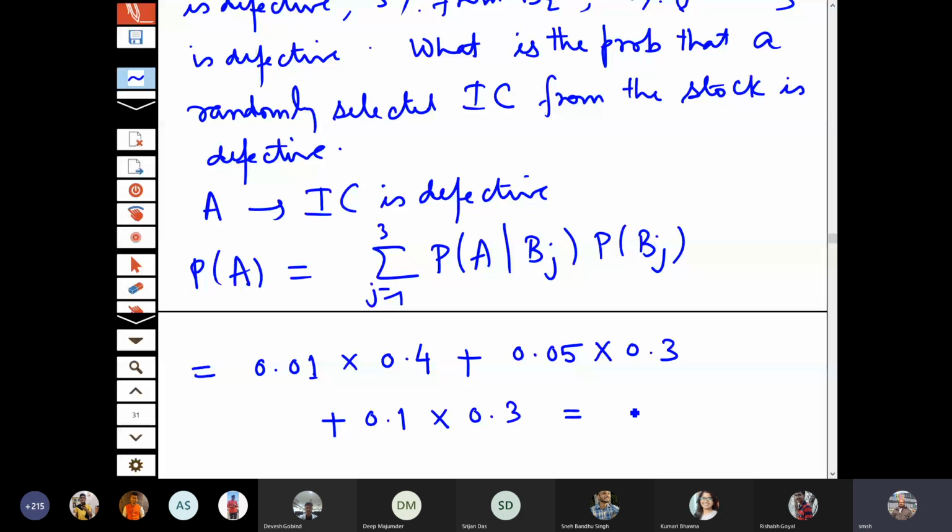So this is nothing but 0.049. So there is about a 5% probability that an IC will be defective. You can see the different things are there, 1%, 5%, 10%, but depending upon the total procurement from different suppliers, the overall probability of a defective is 0.05.